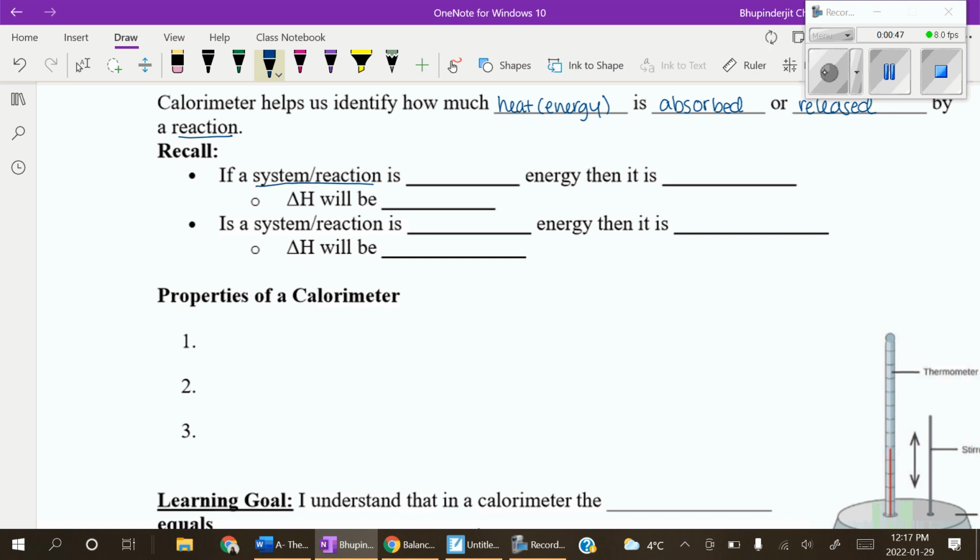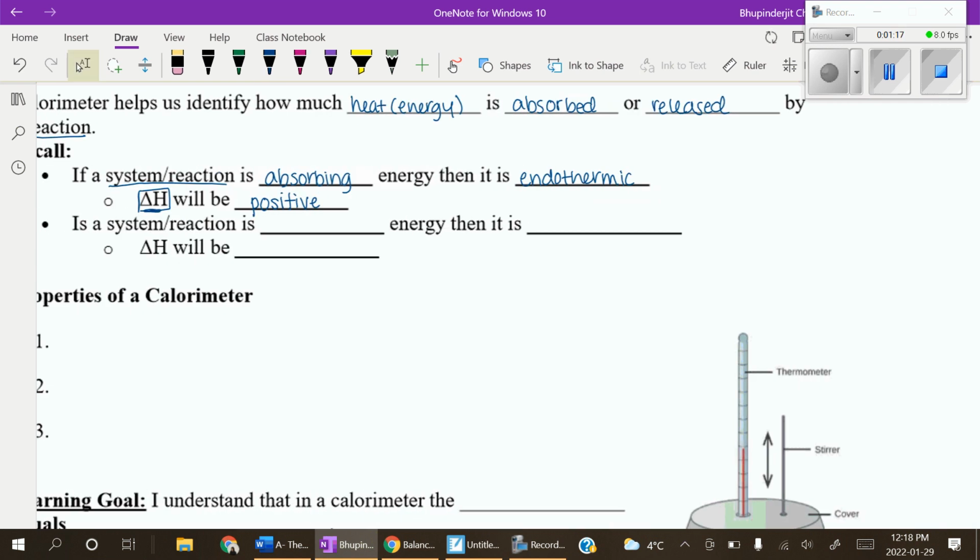If a system is absorbing energy, then it is endothermic. Therefore, our enthalpy, which is a new concept, delta H, will be positive. So I know we're seeing this for the first time, so I'm just going to make a note here off to the side.